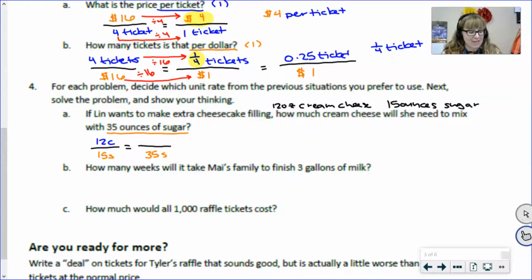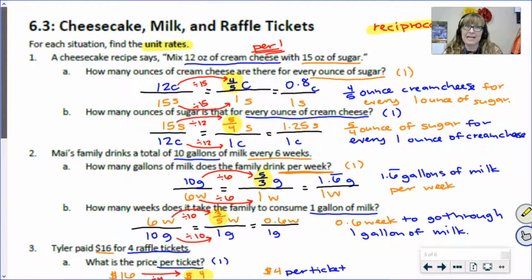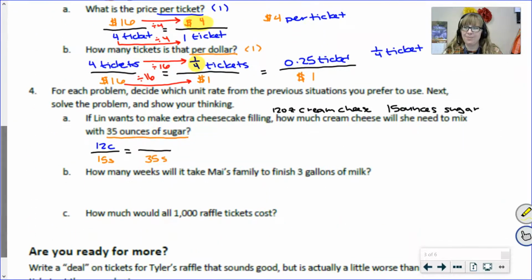And so that's where taking that baby step that we've already taken up above and finding that unit rate is really helpful. It's not easy to change a 15 into a 35. It is, however, very easy to change a 15 into a 1. So easy, in fact, that we have already done that. And then it's also very easy to turn a 1 into any other number like the number 35.